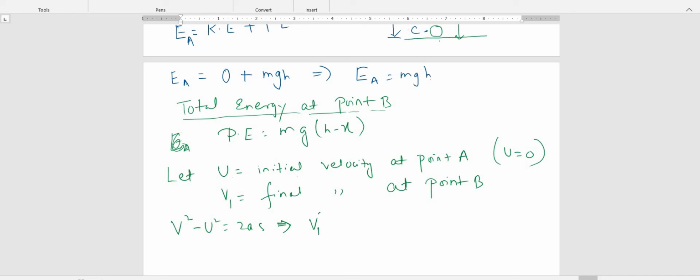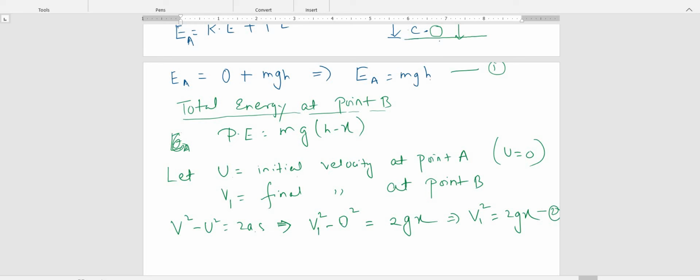Final velocity is v1, initial velocity is u, and u is actually 0 here. So 0 square is equal to 2, acceleration is g, acceleration due to gravity, and the distance covered is x. In this case v1 square is equal to 2gx. This is, for example, equation 1, this is equation 2.